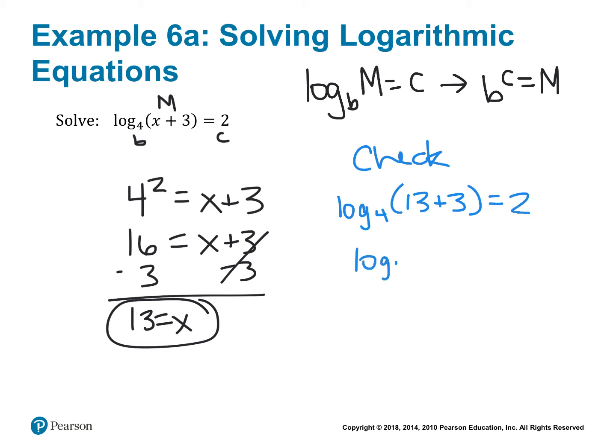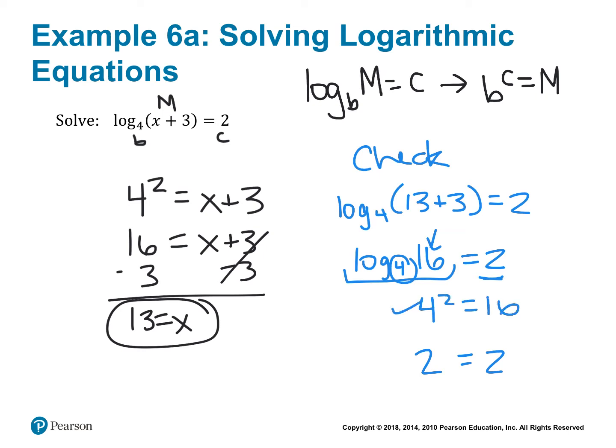Log base 4 of 16 equals 2. This should be true because you would get 2 equals 2 if you tried this in a calculator. Or we know that 4 to this power should give us 16, and it does. So it checks out both ways.